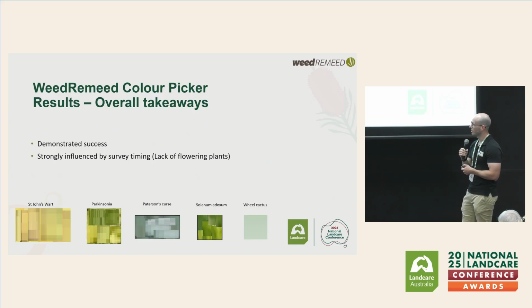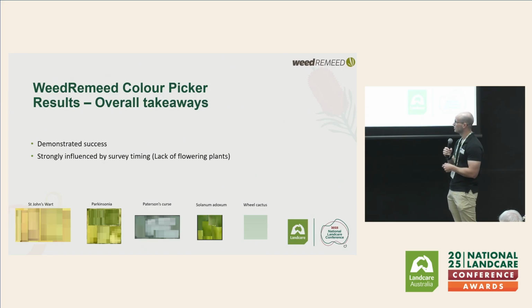Parkinsonia, a green colour, as there was no flowering at the moment. Solanum adoxum, which was green as well. And then we've got Paterson's Curse, which once again wasn't flowering, so it was still the colour of the actual leaves, and Wheel Cactus, which is just a plain green one.